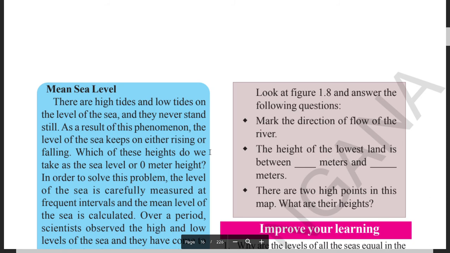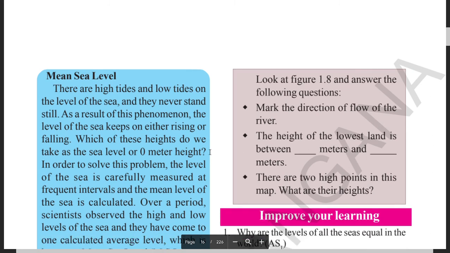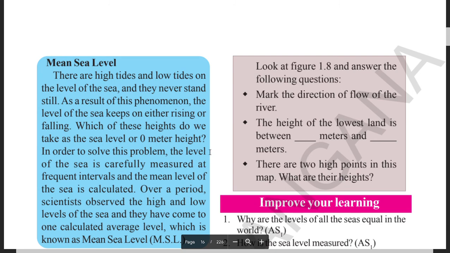In order to solve this problem, the level of the sea is carefully measured at frequent intervals and the mean level of the sea is calculated. Over a period, scientists observed the high and the low levels of the sea, and they have come to one calculated average level, which is known as the mean sea level, or MSL for short.